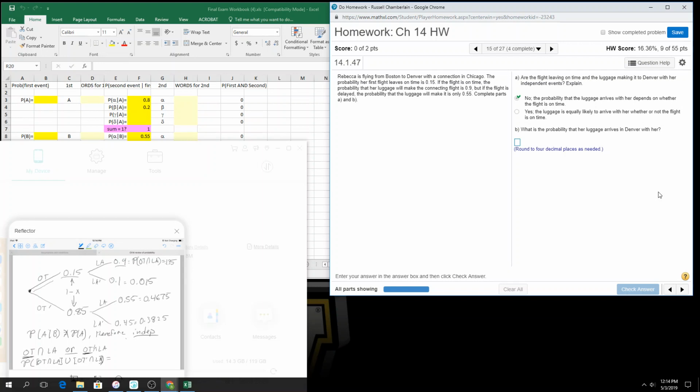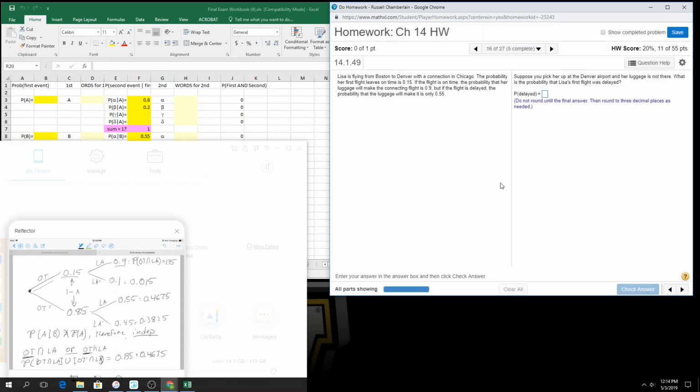In other words, on time and luggage arrives, 0.135, plus not on time and luggage arrives, 0.4675. If I do that, I end up with 0.6025. And there it is, guys. That's how you do it with a tree.